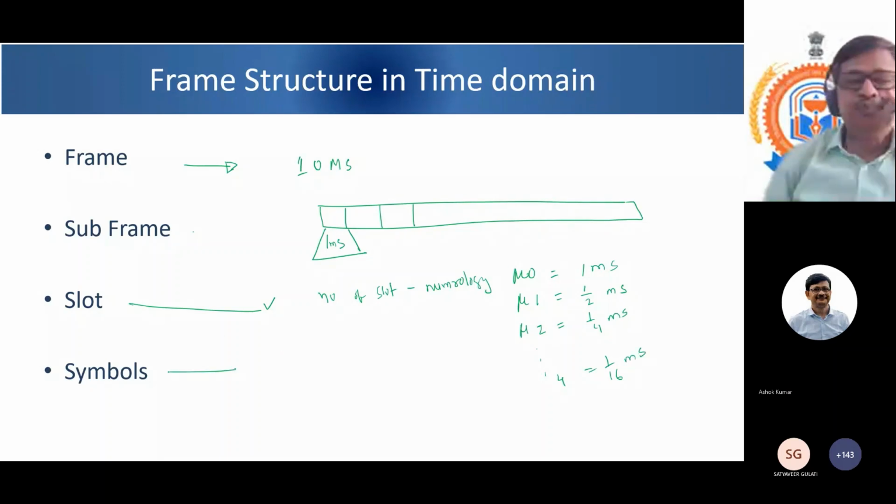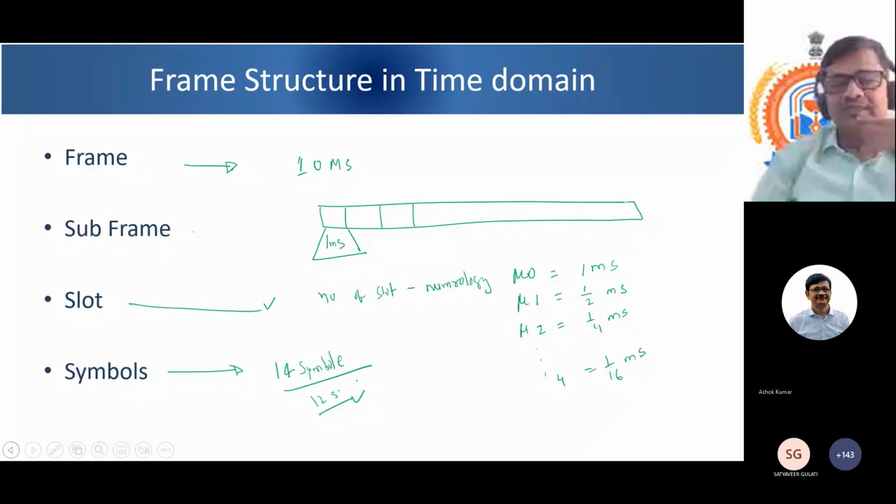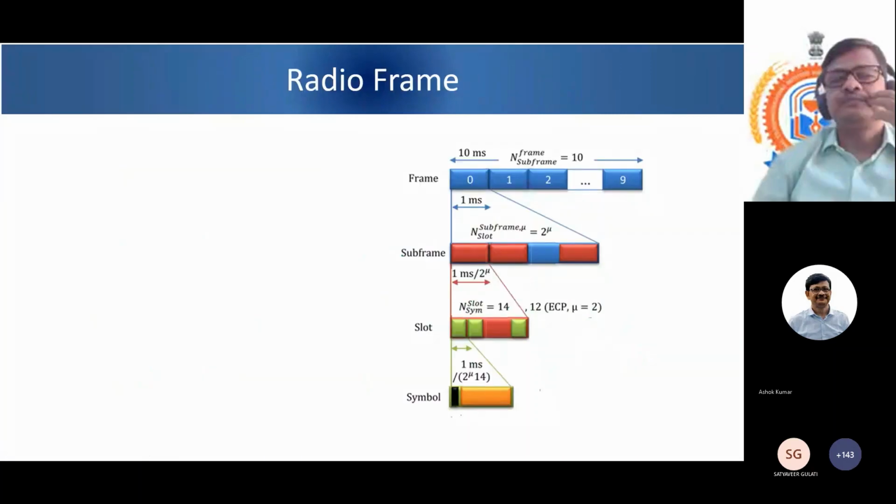And then what is a symbol? Within a slot, how many symbols can be accommodated? Generally it is 14 symbols, and in some cases there will be 12 symbols also. Okay, so let us understand pictorially here.